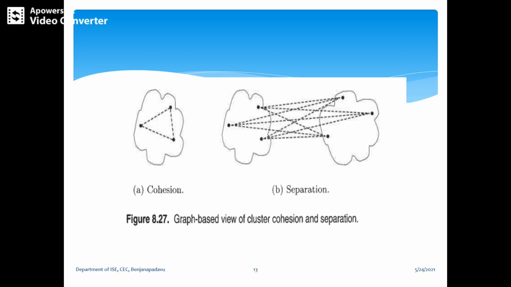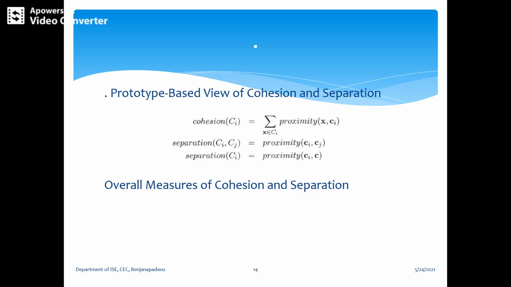Next, the prototype-based view of cohesion and separation. We will go directly into the mathematical equations. For prototype-based clusters, the cohesion of a cluster can be defined as the sum of the proximities with respect to the prototype, that is called the centroid or medoid of the cluster.